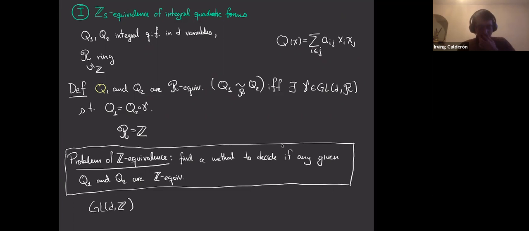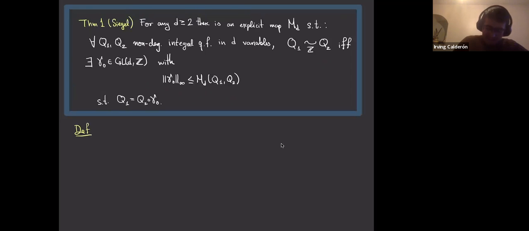But actually there is a very nice result of Siegel that says that we can restrict the search of this equivalence matrix to a finite subset of GL_d(Z). So this is Siegel's theorem. He proves that for d greater or equal than 2, there is always an explicit function m_d with the following property.